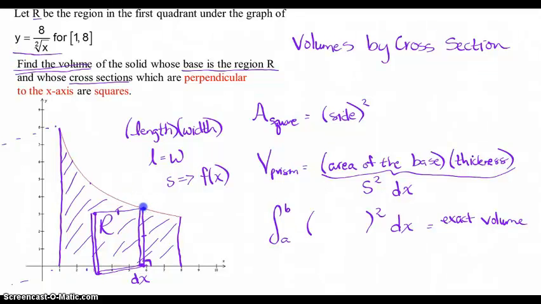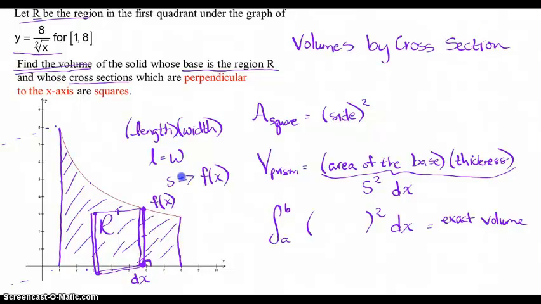So the length of a side in terms of the function, the beauty part here is that this side, the bottom of the square, this square that's lying on the region R in the plane, is the region bounded in the plane in between the function and the x-axis.